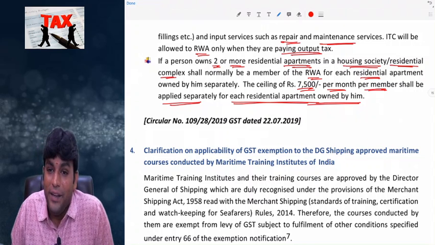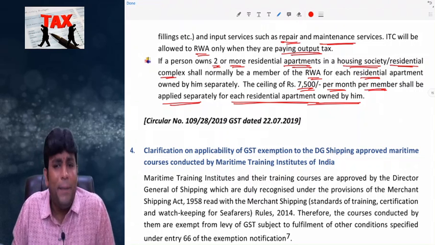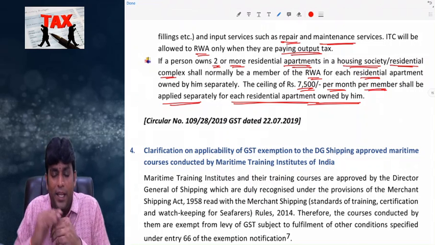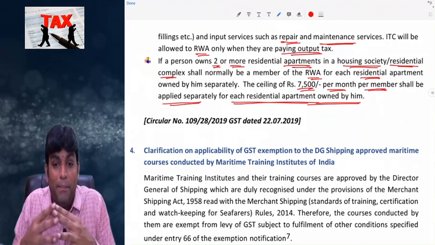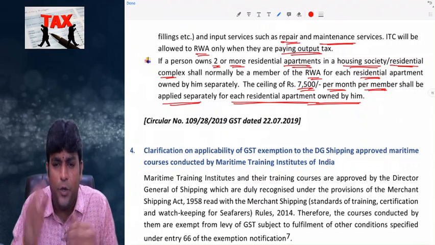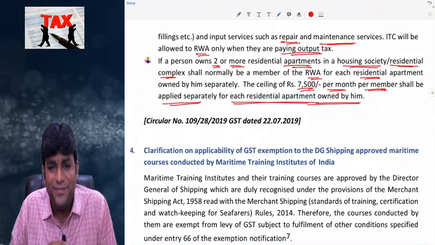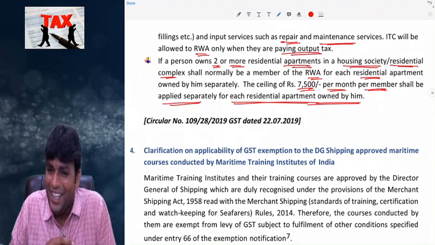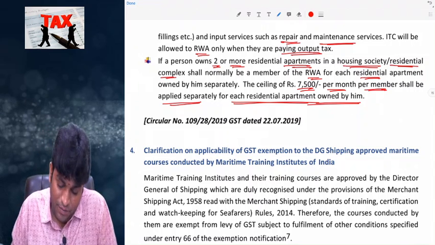So the 7,500 limit we will see for each apartment separately. We will not combine both and see. For example, for each apartment he is paying 5,000, 5,000. You should not combine and tell it is 10,000, so GST should apply. That's not correct. That's not correct at all. Clear? Done. Next.